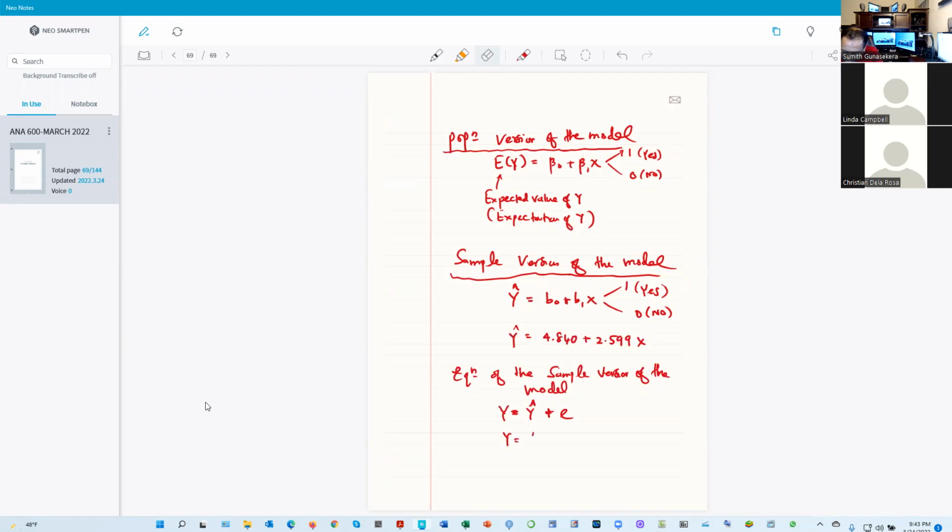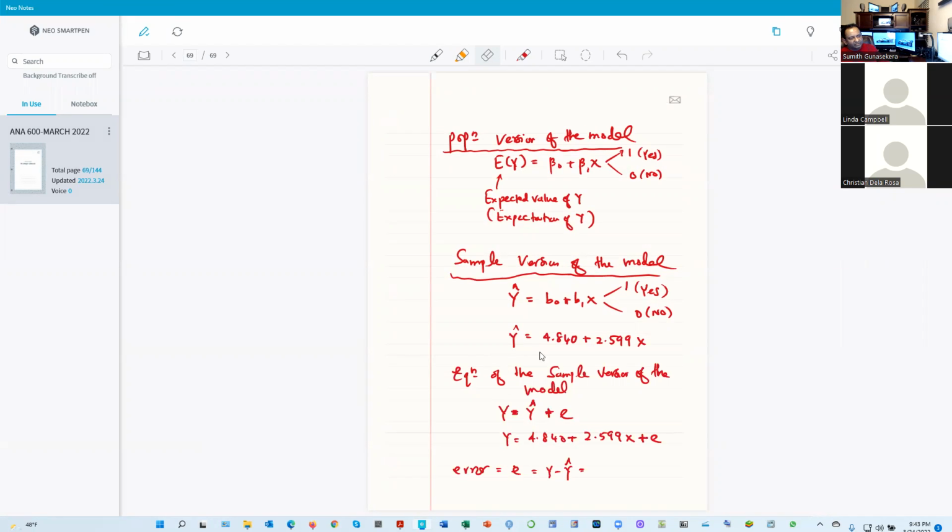In another way, y equals 4.840 plus 2.599x plus error. The error term has been explained. Therefore, if you need the error, e is nothing but y minus y hat. That difference is called error.